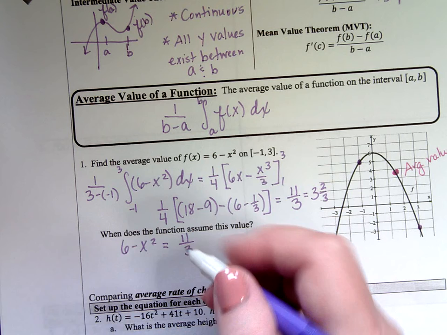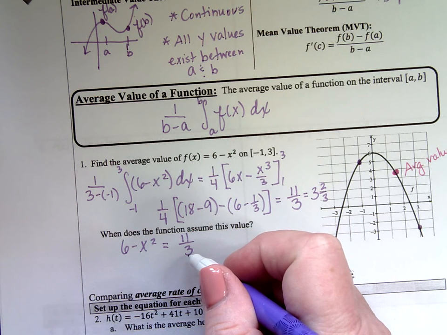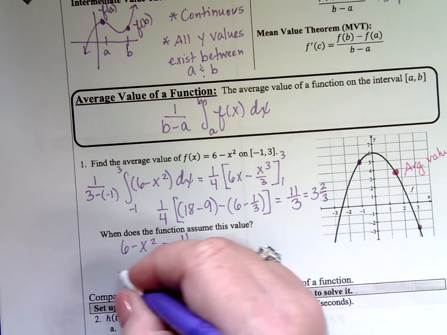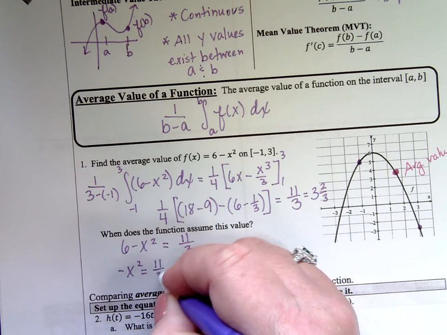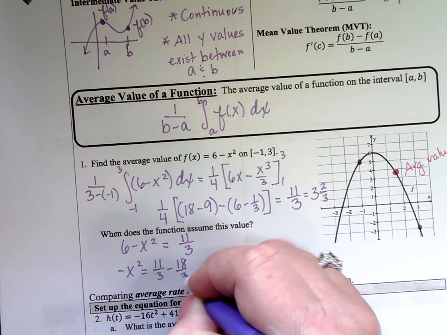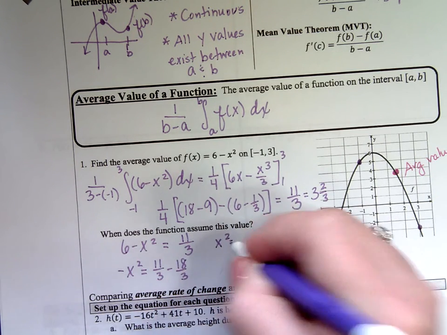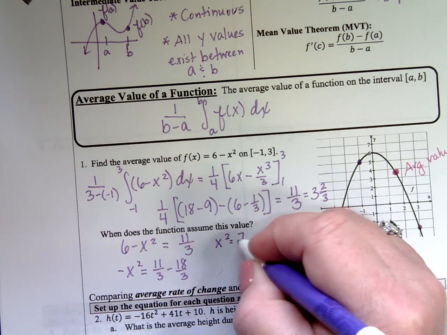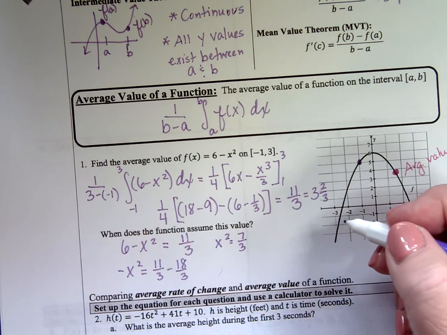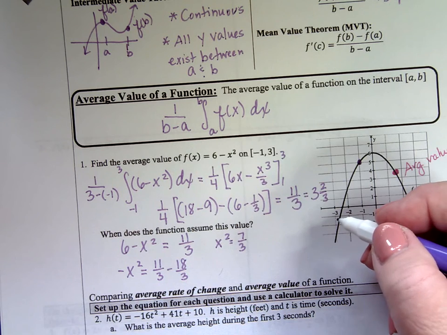I'm going to take 6 is 18/3. So now I have negative x squared equals 11/3 minus 18/3, or x squared equals 7/3, right? If I subtract them and take away the negatives, there it is.